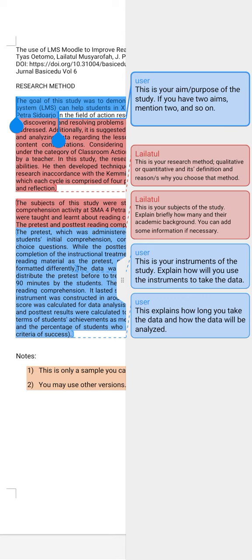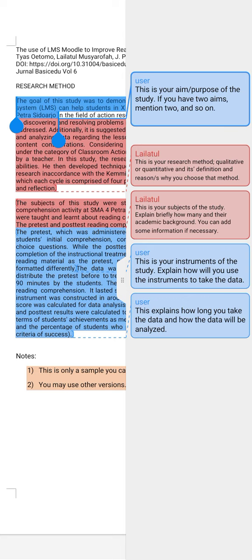Let's say in this article, the aim of the study is how is the implementation of LMS model in teaching reading comprehension, and there is only one statement of the problem in this article, so they put one statement of the problem, but if you have two, you have to state two. Okay, that is for the first part.